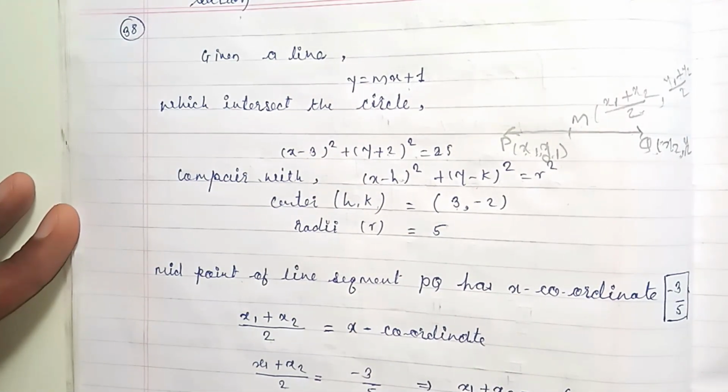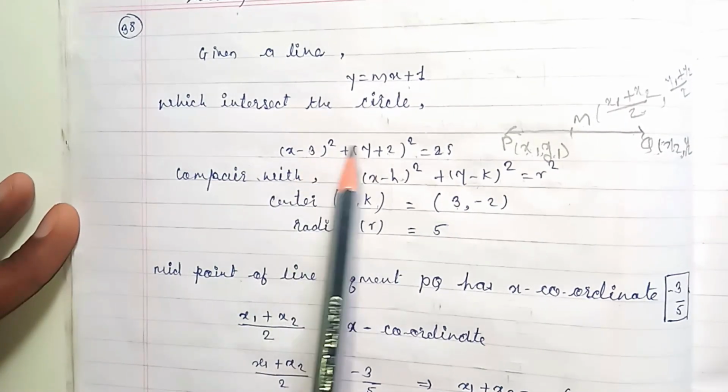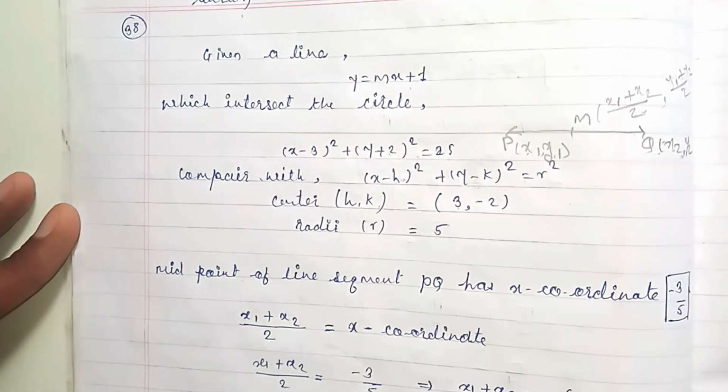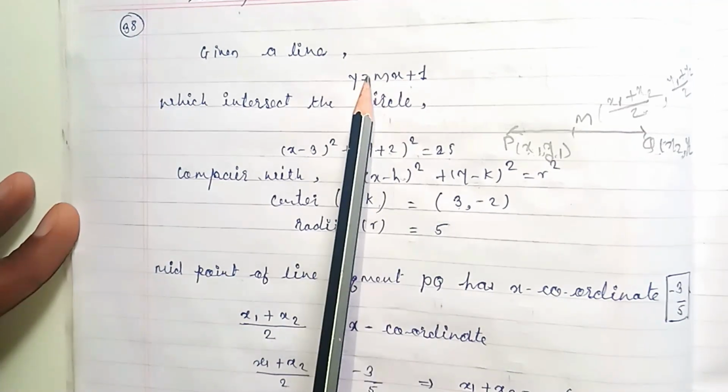We have only one other equation, the equation of a circle, and nothing else in our question. Using this we want the value of m, and we have to figure out which interval these values belong to. So I have y equal to mx plus 1.